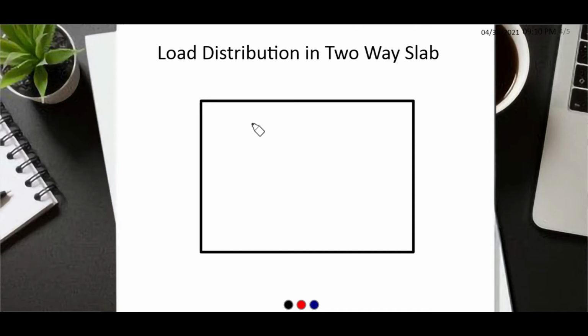Okay, let's understand how the load is distributed in a two-way slab. If this is the longer side and this is the shorter side, then we will draw an imaginary line from the corners at 45 degrees inclination. Let me show you.